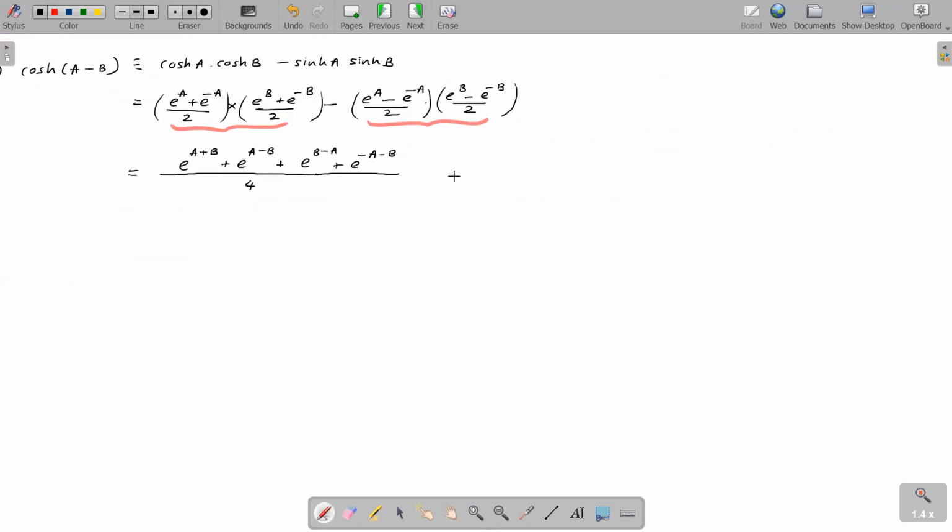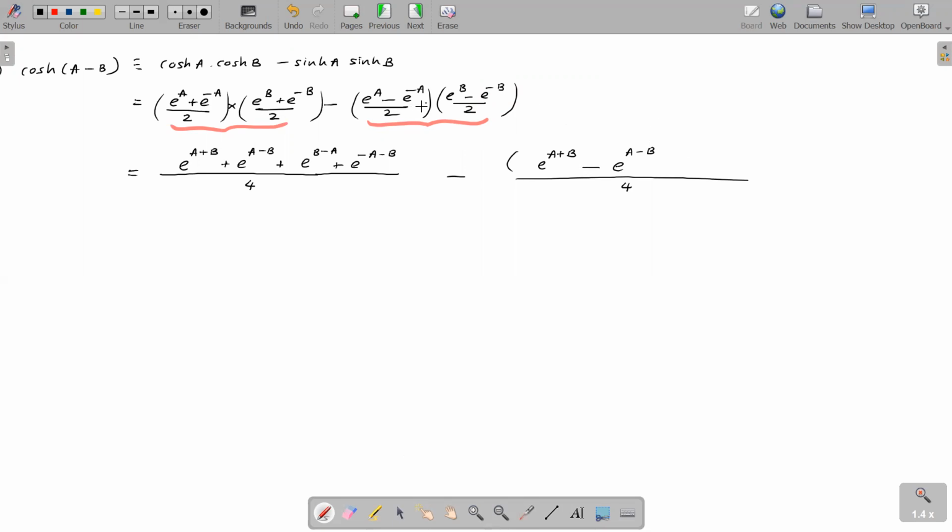And on the other side, we have minus. So 2 times 2 is 4. Let's open the bracket. e^A into e^B is e^(A+B). Next, you multiply e^A with negative e^(-B). A plus into minus is a minus, so e^(A-B), the powers add.